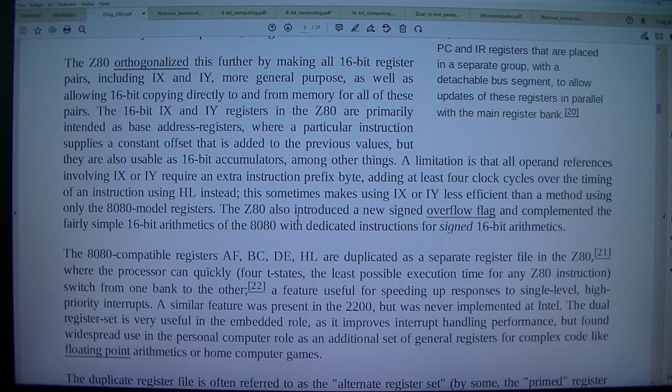This sometimes makes using IX or IY less efficient than a method using only the 8080 model registers. The Z80 also introduced a new signed overflow flag and complemented fairly simple 16-bit arithmetic of the 8080 with dedicated instructions for signed 16-bit arithmetic.